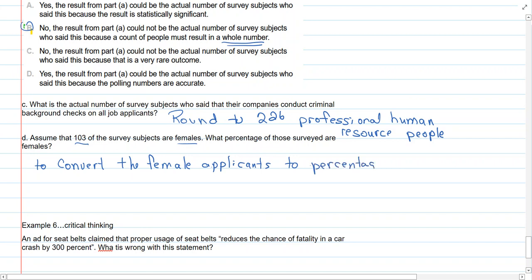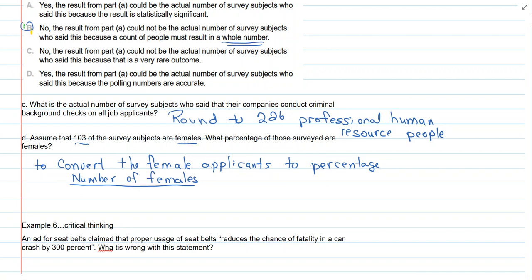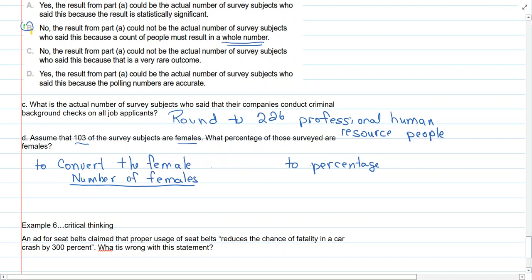So we're going to take the number of female professionals. And that's not applicants, I'm sorry about that. It's human resource professionals.